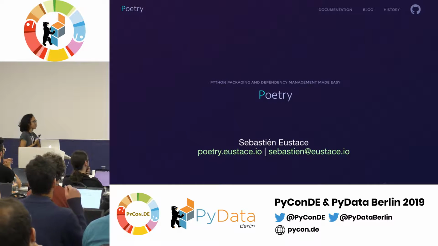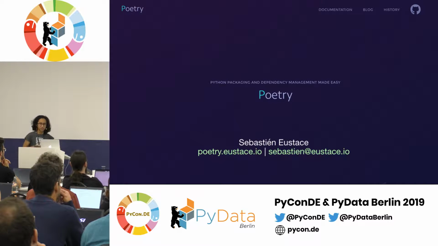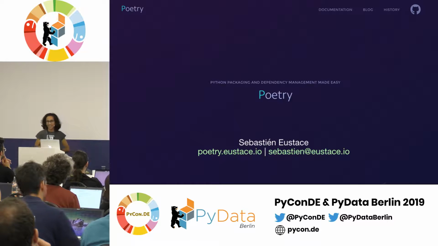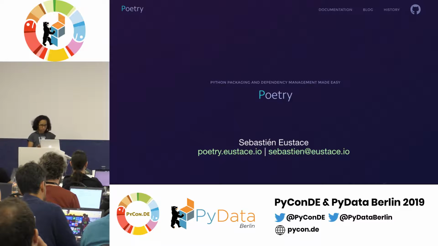Poetry is a Python packaging and dependency management tool made by Sébastien. He also wrote the dependency resolver from scratch. I think it took him, I forgot whether it was six months or a year, but it was a long time, just to write the dependency resolver from scratch.